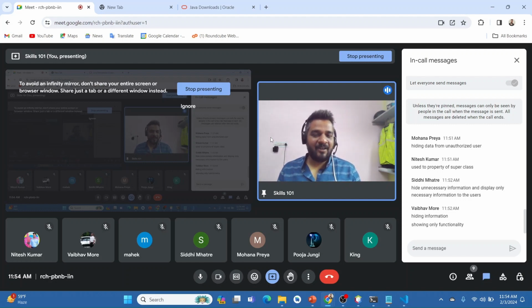So that part of hiding unnecessary things from the user is called encapsulation, and showing only important things to the user is known as abstraction. So these two are two sides of a single coin, right? That single coin is the class. So a class is an example of abstraction and also of encapsulation.